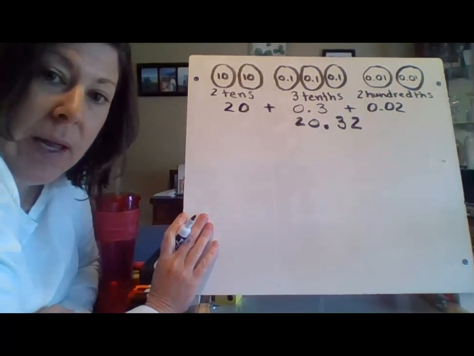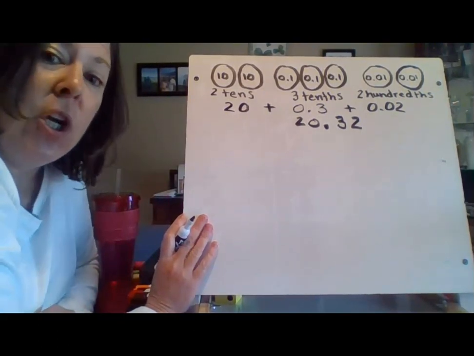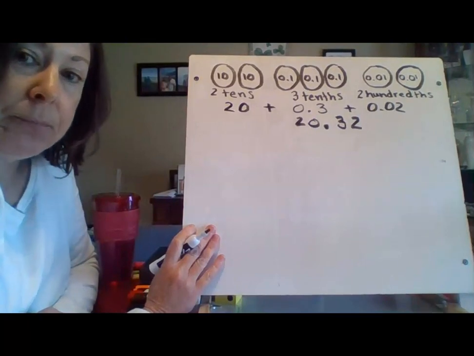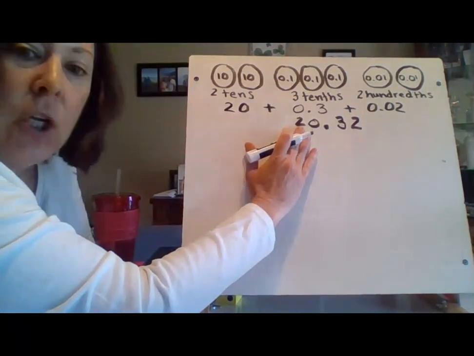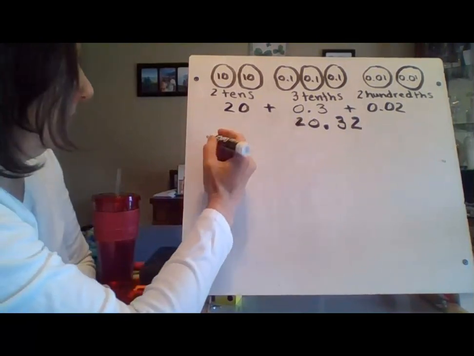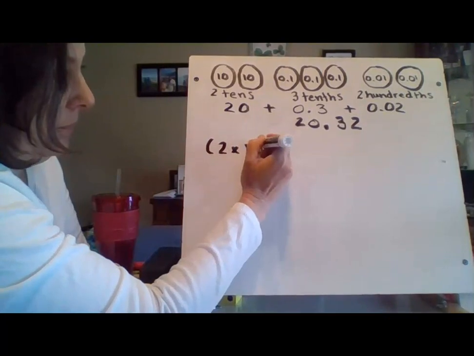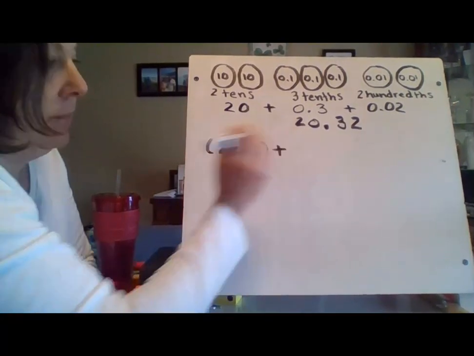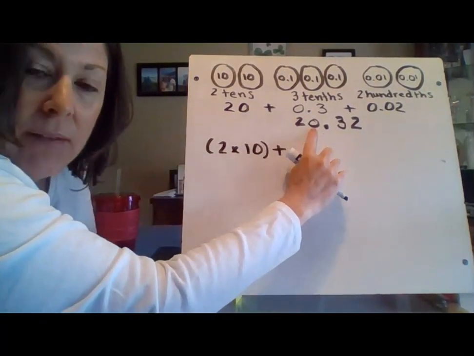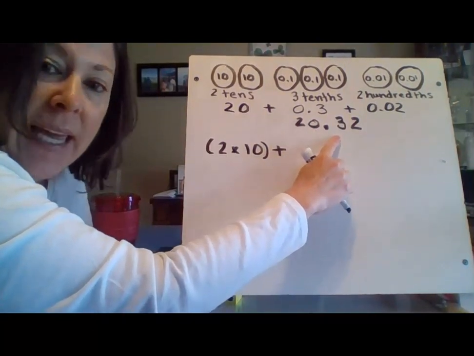Now, on number 3 on the back of your problem set, they're asking you to write numbers in expanded form. However, using our place values. So, for example, I have 20. I have 2 tens. I don't have any ones. I have 3 tenths.